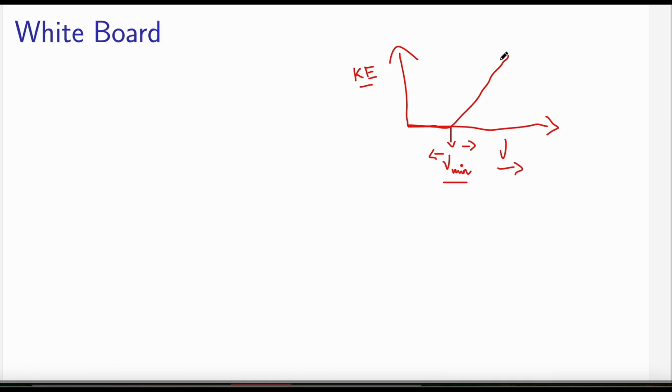And this is very peculiar, because this graph cannot be explained by wave theory.